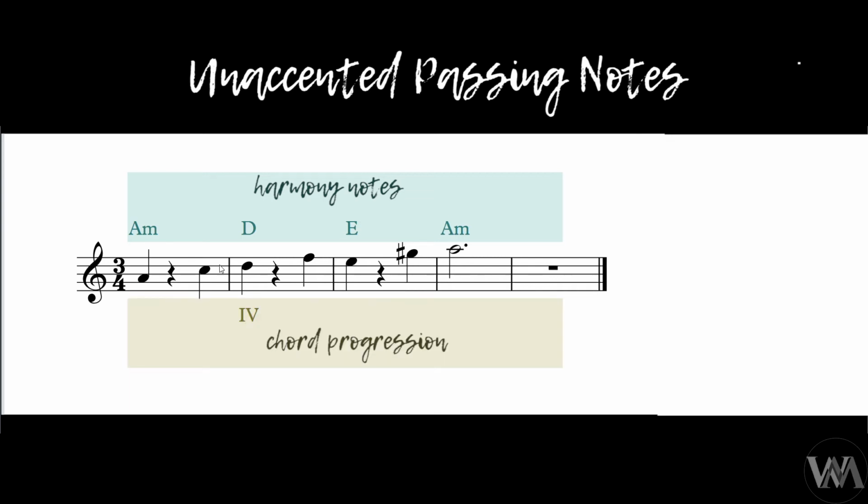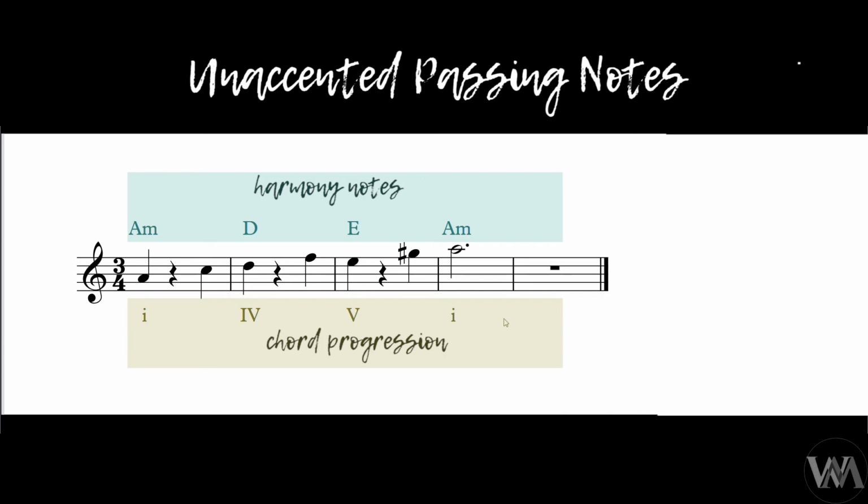So here we're going to work on the subdominant, as you can see there. And then finally we have an E, and E is the dominant. Remembering that A minor is the tonic, so there we have our Roman numerology for the chord progression. So the harmony notes will then be 1, 4, 5, 1.